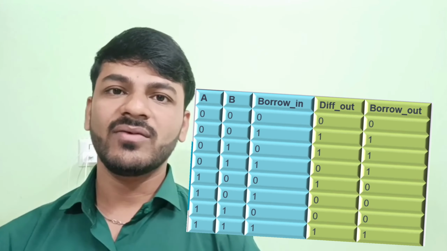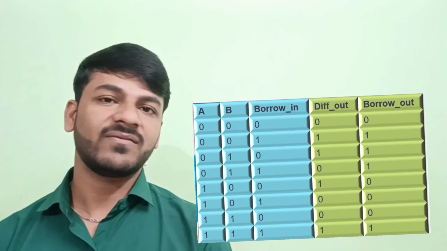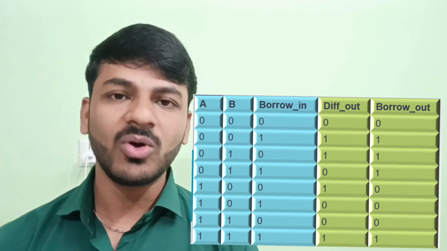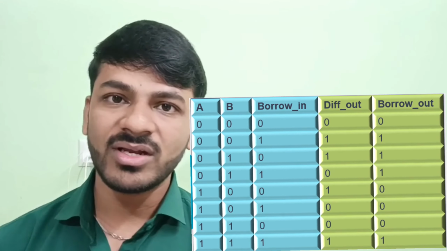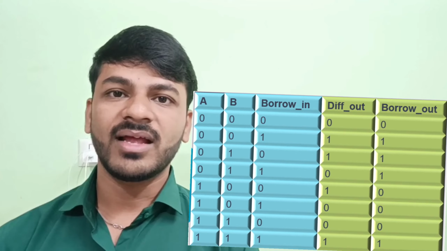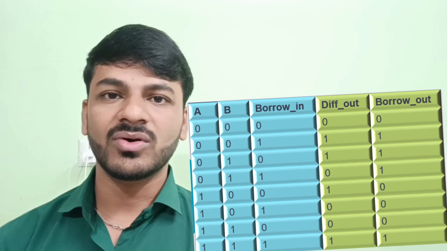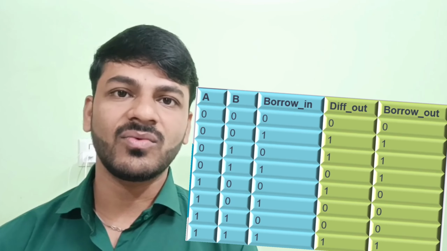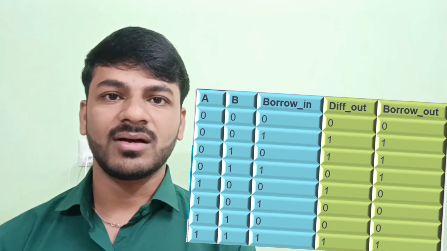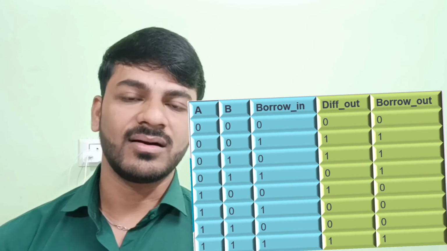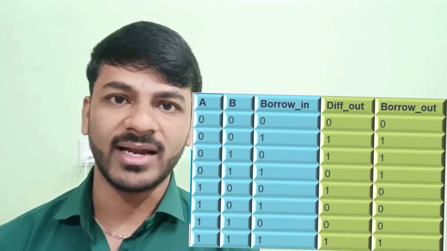If I talk about the truth table of the full subtractor, if all three inputs are 0, then difference out as well as borrow out are low. If A is 0, B is 0 and borrow in is 1, that means 0 minus 1, so the difference out is 1 with borrow out also high, because we can't subtract 1 from 0 directly.